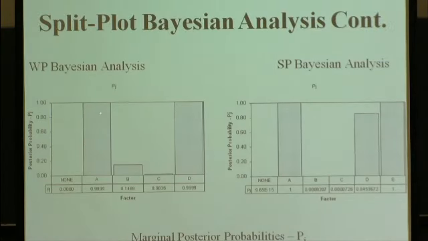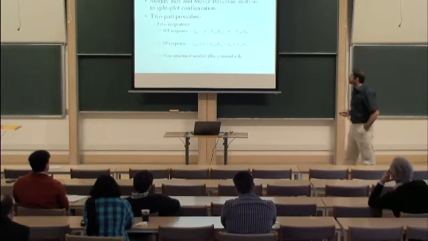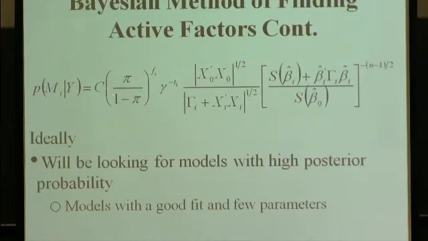I have summed up all the models where A appears, doesn't matter if it's in terms of main factor or interaction or both. By doing that, I was able to evaluate the posterior probability that was close to 1. And C, again, is the sum of all posterior probabilities, not just the ones where a specific factor appears, but all factors.